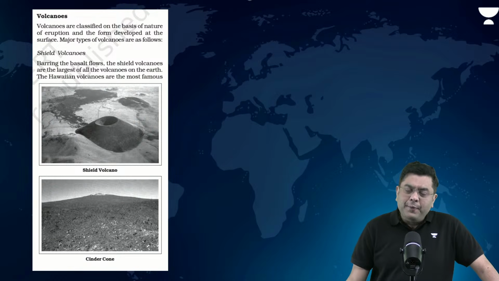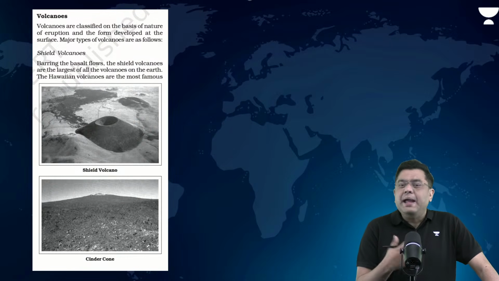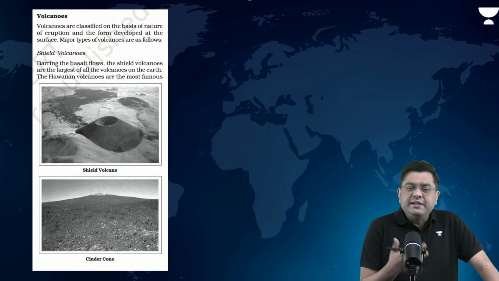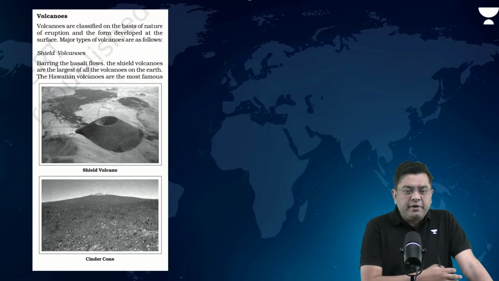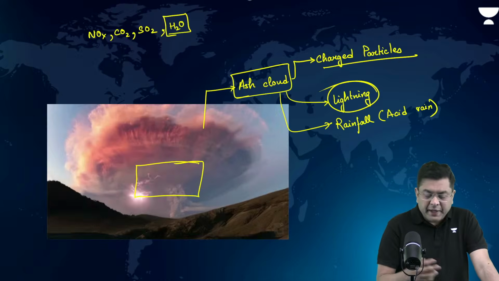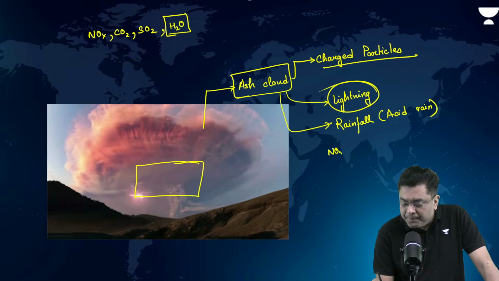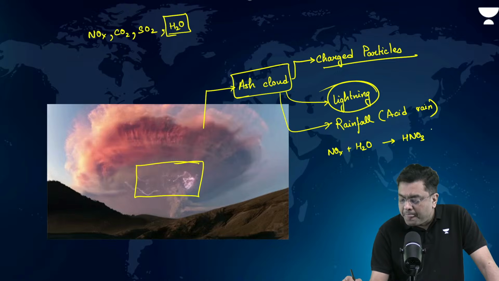Okay. Now, then we come to the types of volcanic landforms as are mentioned here. Yes, acidic rainfall, because why? Think about it. This nitrogen oxide will react with H2O and will produce nitric acid, HNO3.